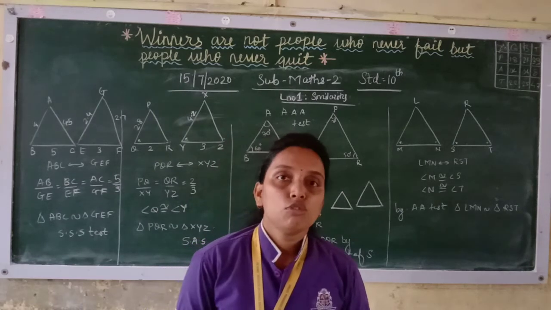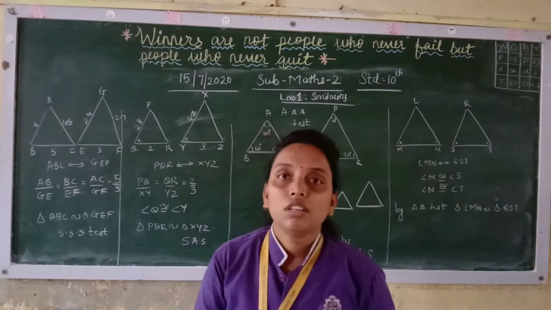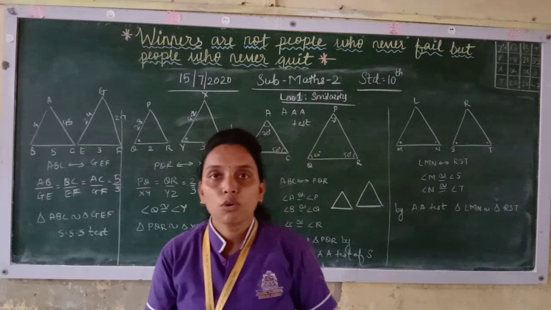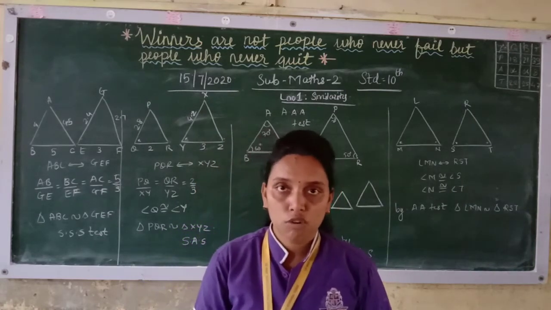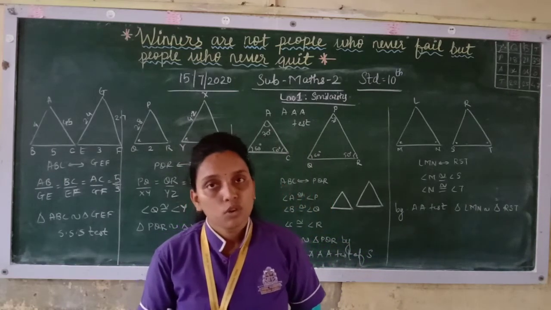So if you want to show two triangles similar, you show that all the three corresponding angles are congruent and the corresponding sides are in proportion.